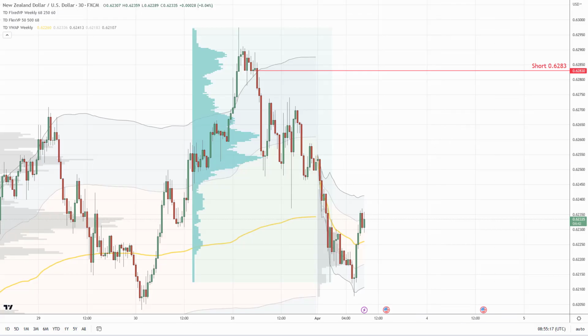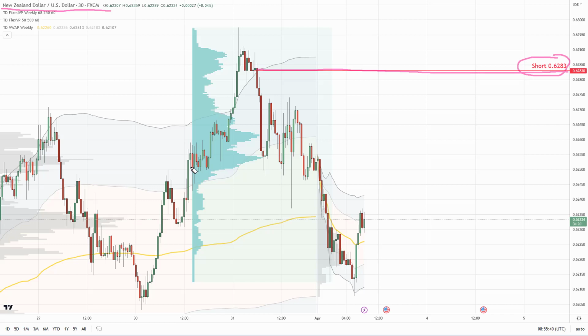So this chart shows the New Zealand dollar, US dollar. Again, 30-minute time frame. And in here, what I want to talk about is a strong resistance, which is at 0.6283. This resistance is based on another trading setup. This setup is called the rejection setup.